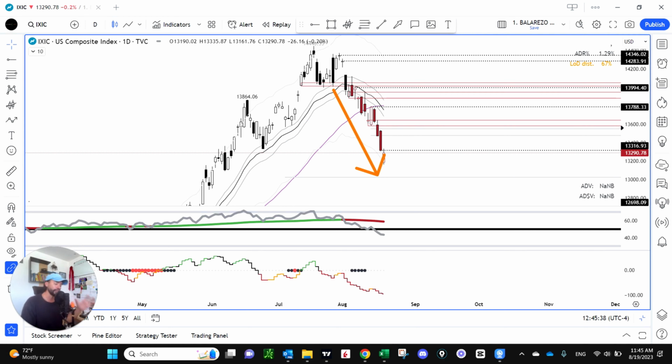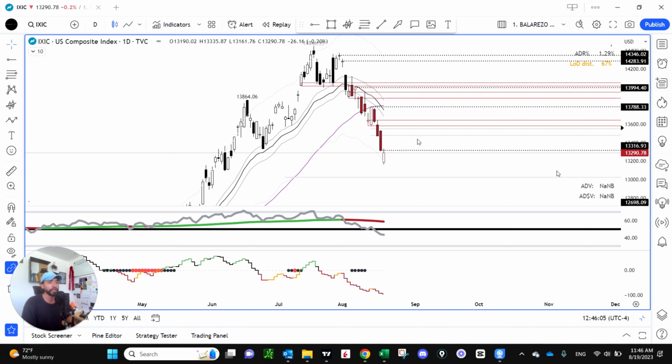But I was so into thinking that we were in a bull market, and I'm not saying that we're not, but I was so into thinking that we were in a bull market that I was looking for more proof or evidence that the market was going to bounce. So I think it's really important for us to forget the term bull market, to forget the term bear market, and just focus on what the price action is doing.